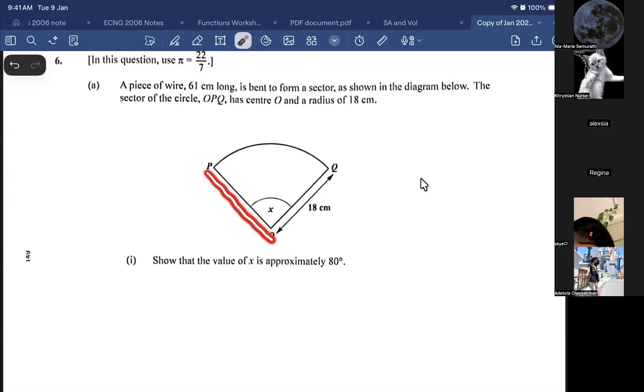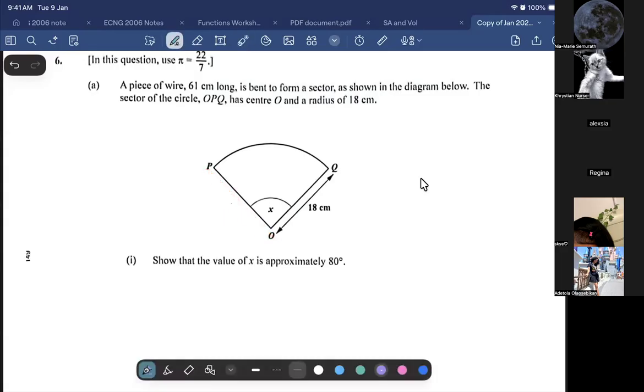So this is the other radius. If this is the other radius, what's this length here also equal to? 18 centimeters. Right. And how much material did you have to make this sector? 61 centimeters. Great. Is it possible for me to figure out the length of the arc?